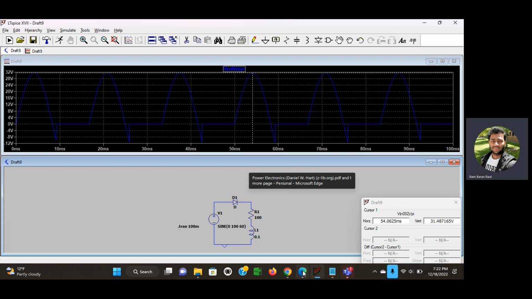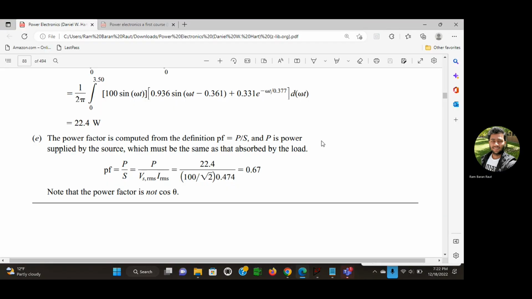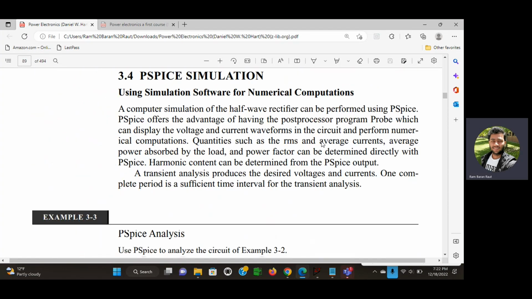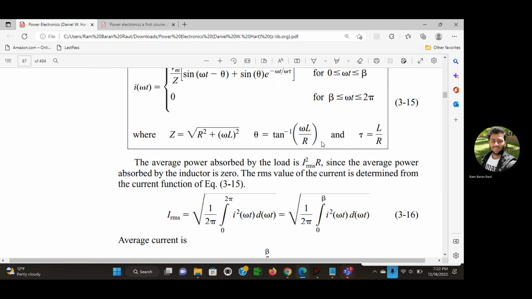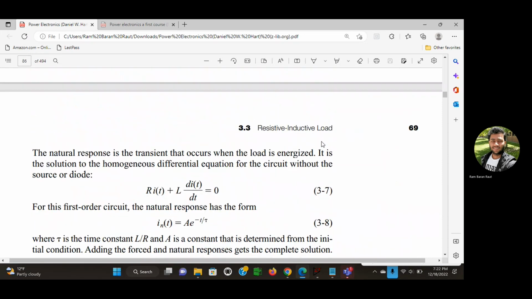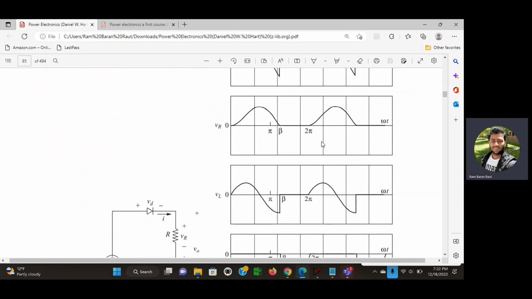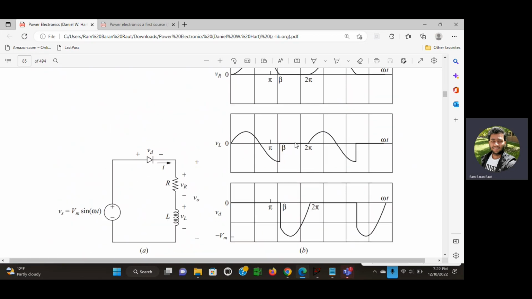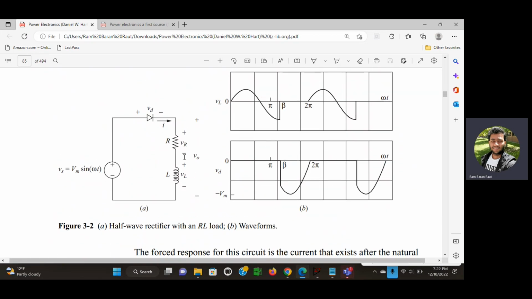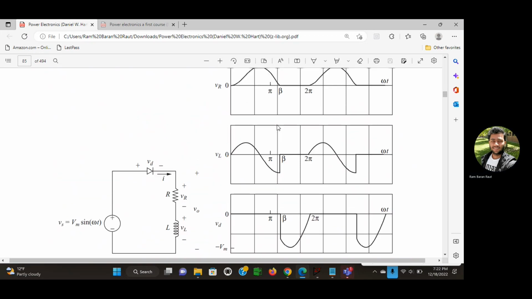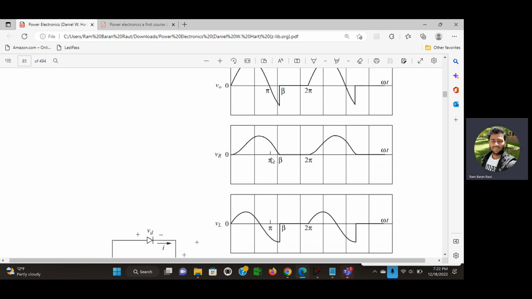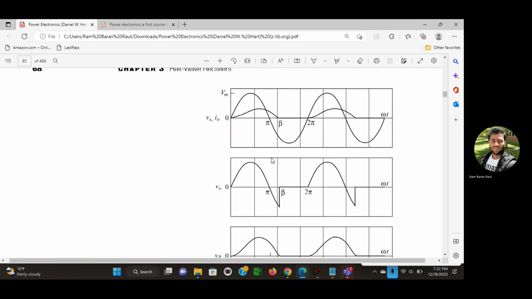Now I'm going to compare this waveform with this book. The book also has a waveform over here. It doesn't have the same values because this is for this circuit and it doesn't have any value specified, but the waveform should look similar.